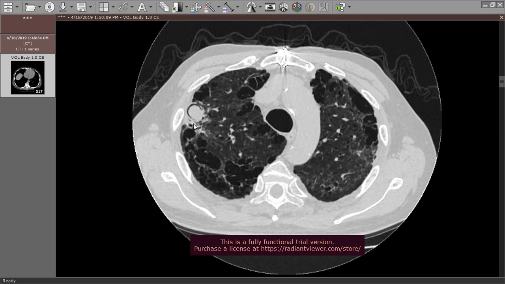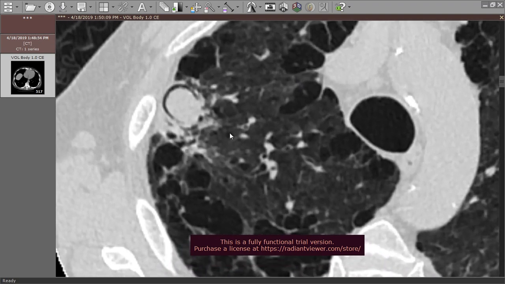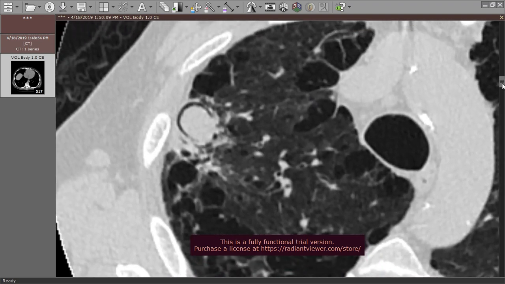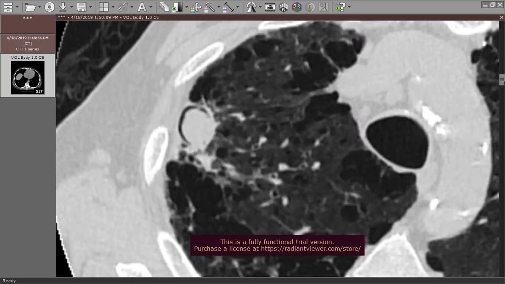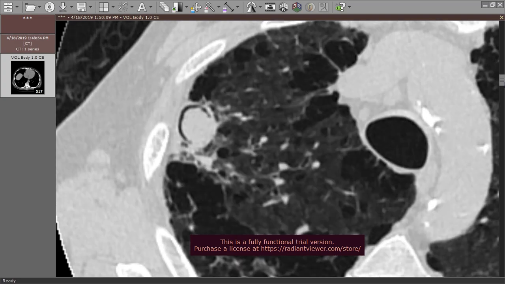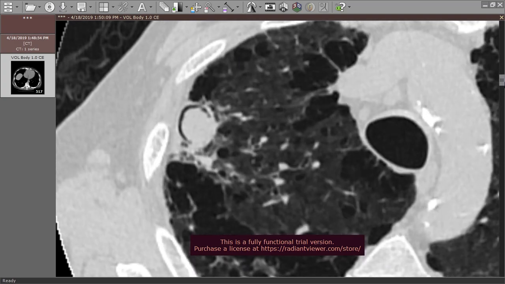This is a cavitating lung nodule with an eccentric cavity. It's called the eccentric air sign. This eccentric air is classic for non-invasive fungal infection, which is called a mycetoma or fungus ball.